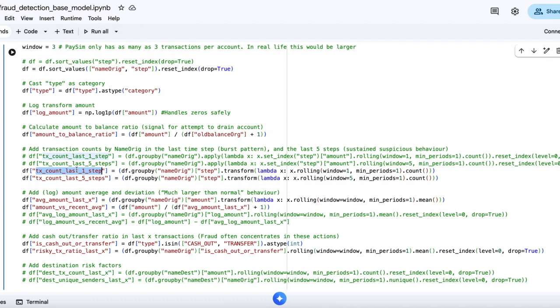I'm doing this because fraud often has a burst pattern, with lots of activity happening in a short amount of time. Imagine a credit card thief trying to make as many purchases as quickly as possible before you lock the card. I've also calculated total transactions in the last 5 time steps to capture more sustained suspicious behaviors. And 5 could be 10 or 24 depending on your business scenario.